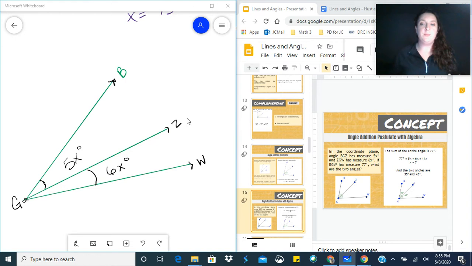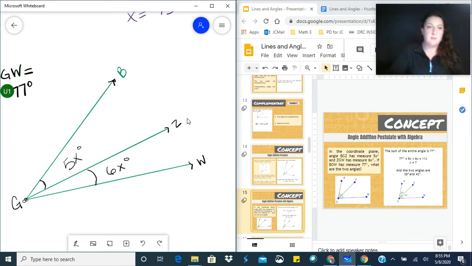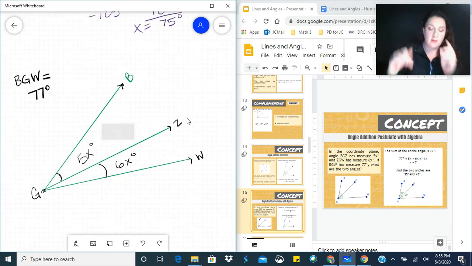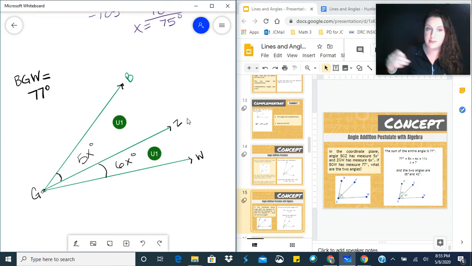So, step one, what is my total angle equal? So I have BGW equals 77 degrees. Well, using our algebra skills, we know that if this entire thing equals 77 degrees, then this plus this is going to equal 77 degrees.